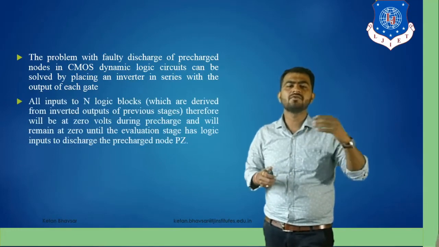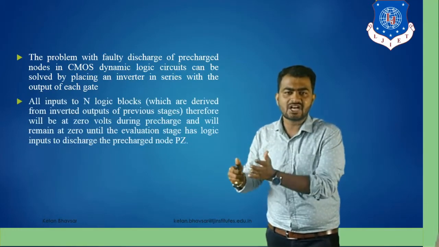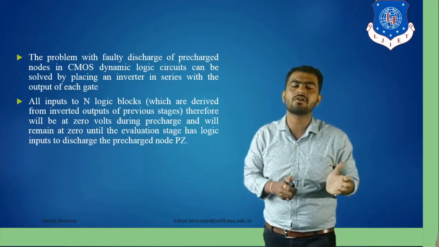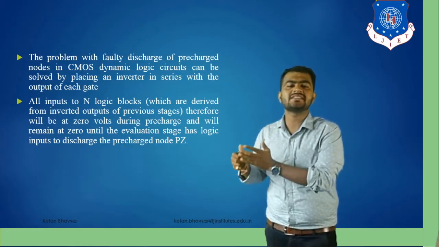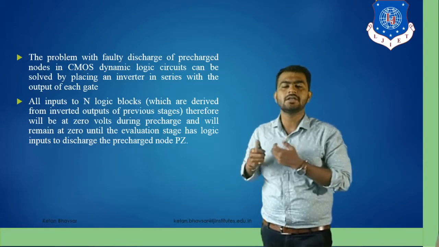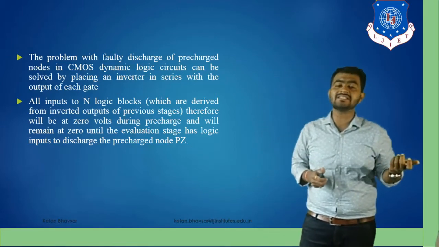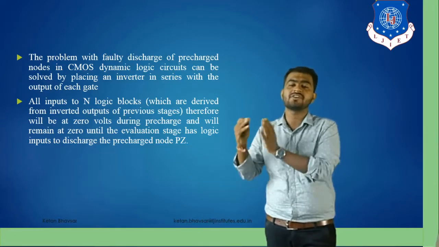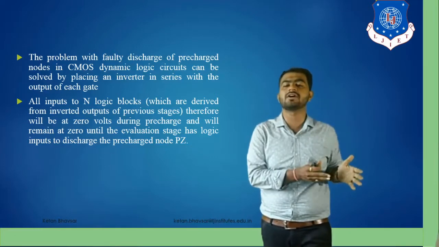The problem of faulty discharge of pre-charge nodes in CMOS dynamic logic circuits can be solved by placing an inverter in series with each of the blocks. If one circuit is turned on, the other circuit will be turned off.